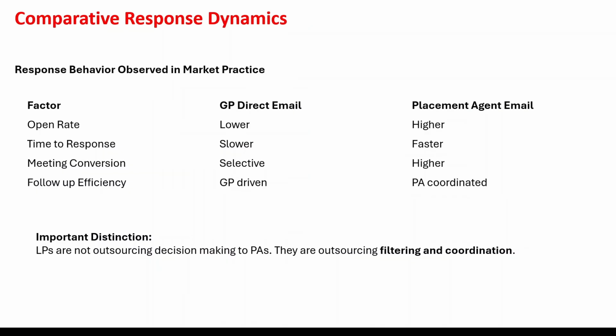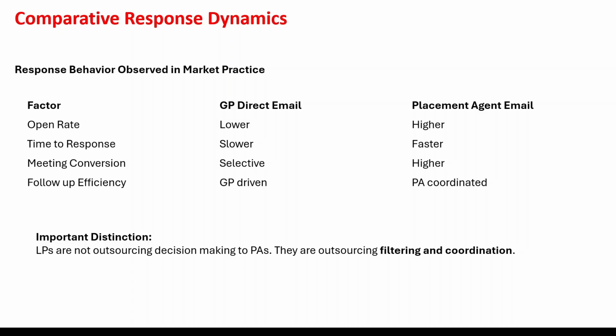So a bit of comparative response dynamics. The response behavior observed in market practice, when we look at factors such as open rate: if it's a GP direct email, it's lower; placement agent email, higher. Again, very much like the first slide. Time to response: slower for GPs, faster for placement agents. Again, it's just a different mindset. Remember, it's not the message in the email, it's the sender.